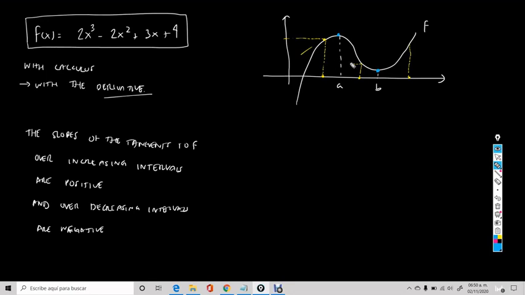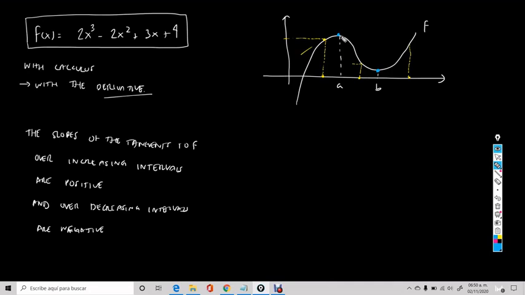And you can see that basically the function changes behavior once it goes past these two points. Before this point, the function was increasing, and after this point, the function was decreasing, and then after this point, it goes up again, increasing.